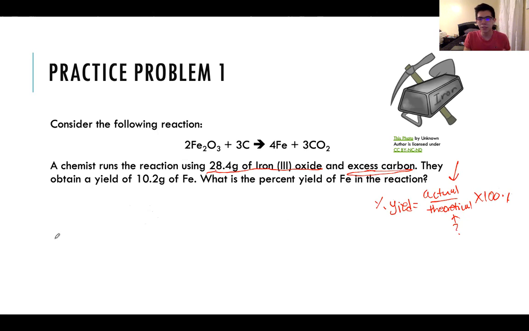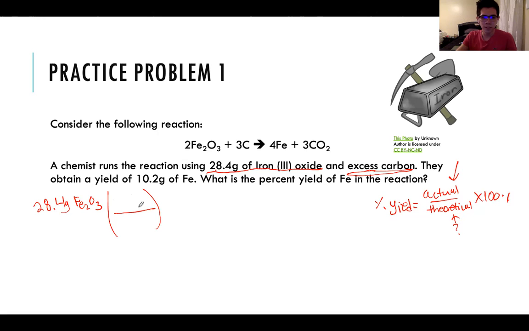So in order to do this, we use our stoichiometry. We start off with 28.4 grams iron 3 oxide, and we need to get this value into moles. Sorry, just grabbing my periodic table real quick.